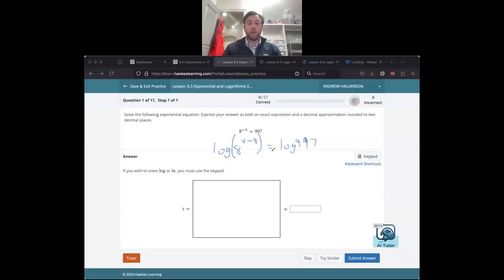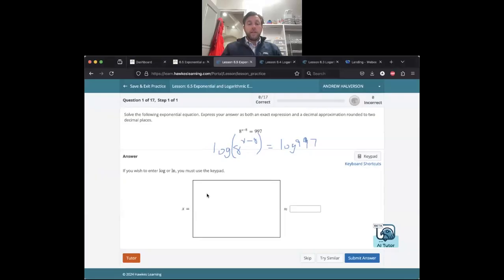Why would we want to do this? Because this exponent now, by way of the power rule, shoots to the front and breaks out of that exponent spot. That's what we want. That's why you learn the properties at the end of the day.